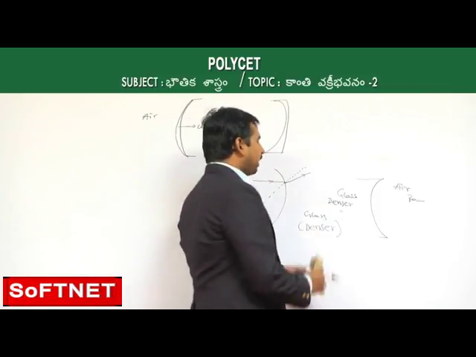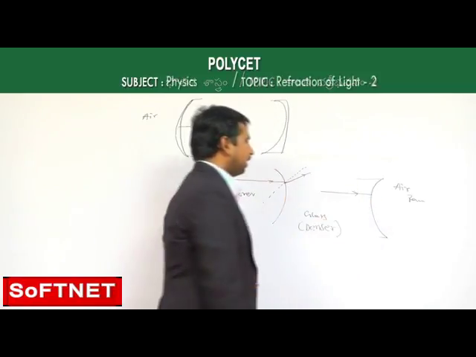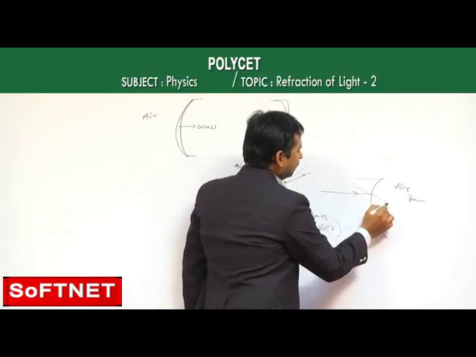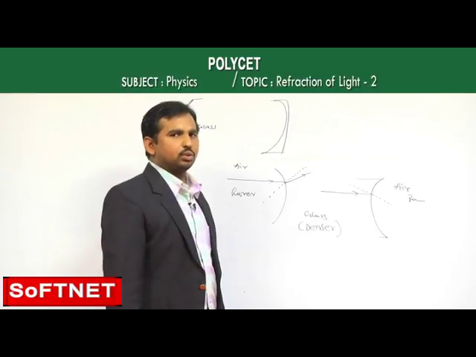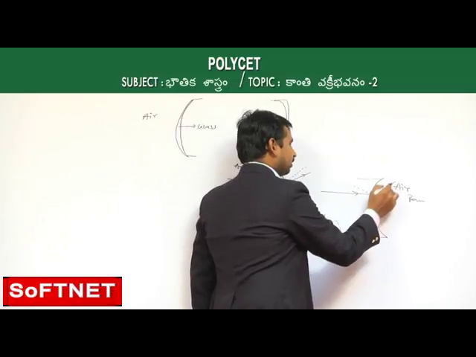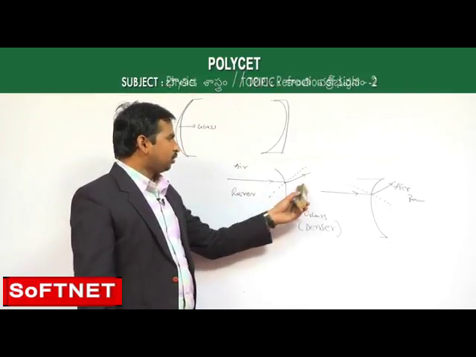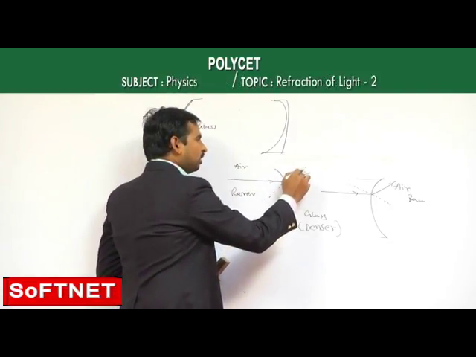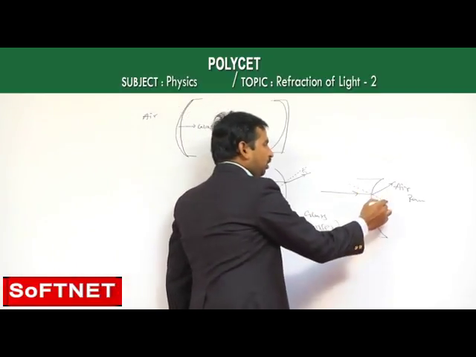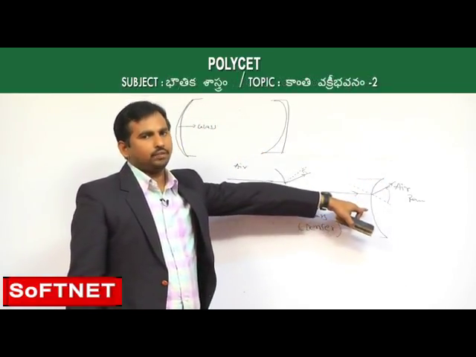Now the normal is for this curved surface like this. As it is coming from denser to rarer, the light ray bends away from the normal like this. Okay, have you understood now? So in case of coming from rarer to denser, it bends towards the normal, whereas in case of denser to rarer, it bends away from the normal like this. This is the refraction effect in case of a concave lens.